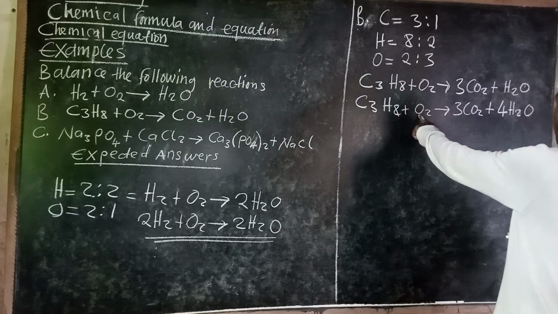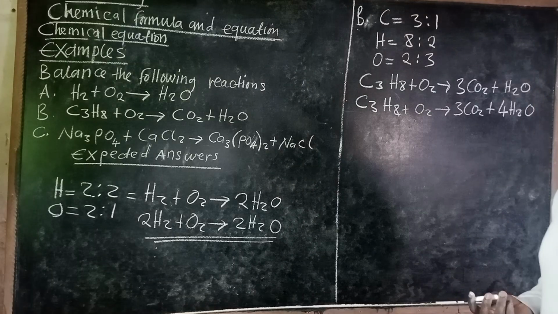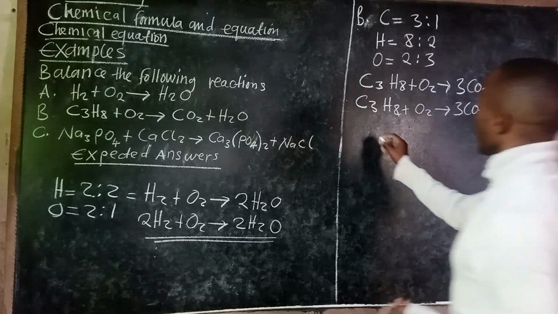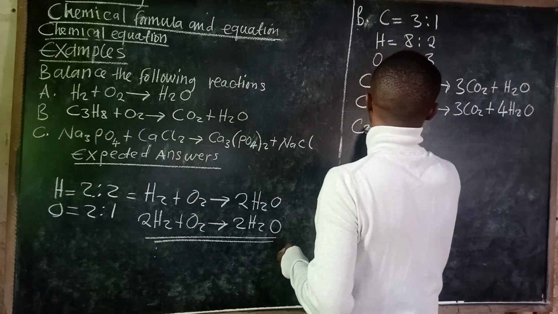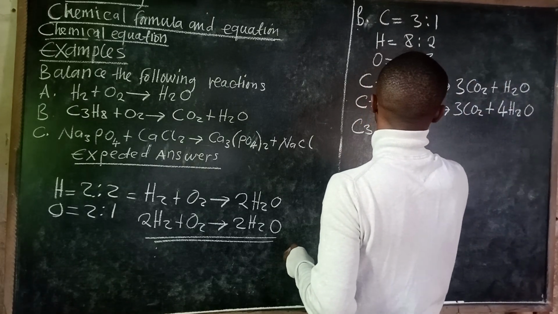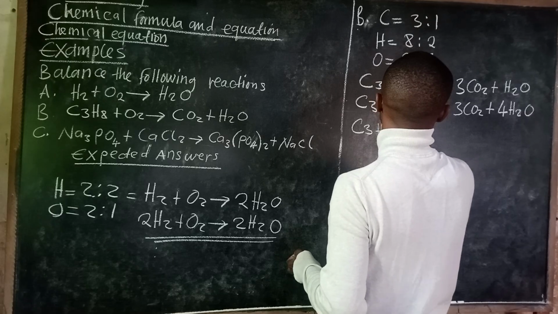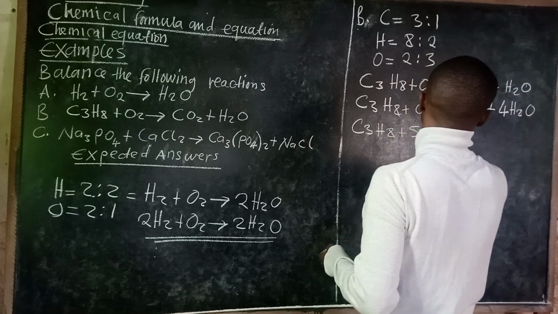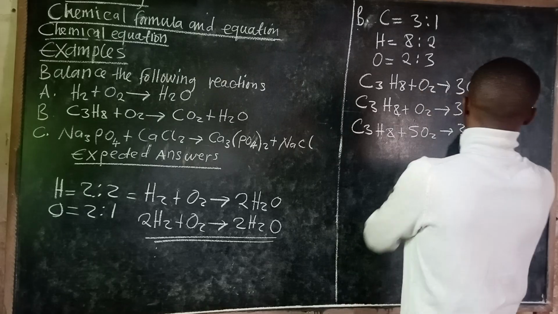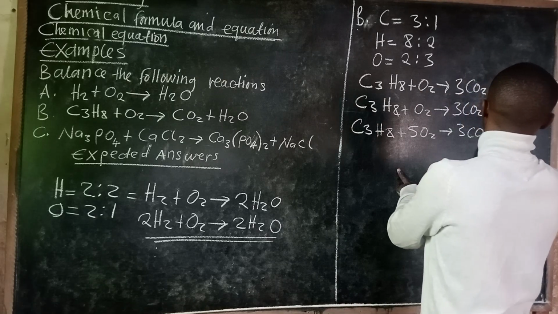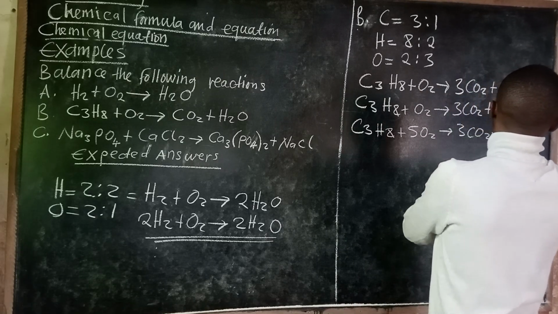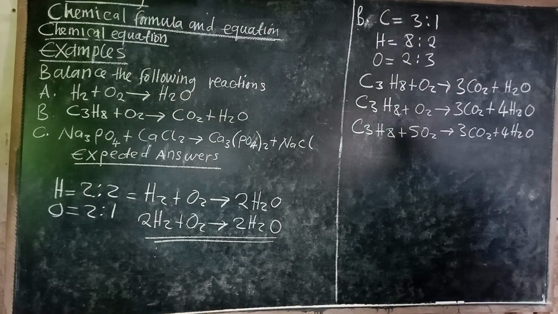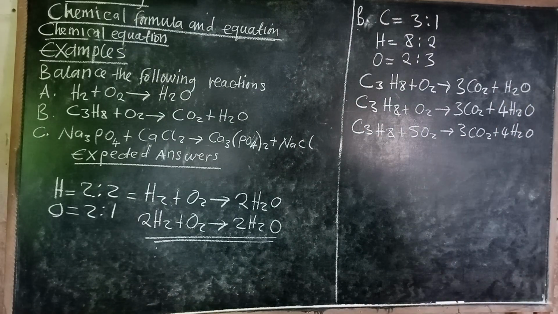So here we have oxygen 2. What are we going to do for us to balance this one? We need to put a 5 there. So you write C3H8 plus 5O2, then 3CO2 plus 4H2O. Now let us see, are all the elements balanced?